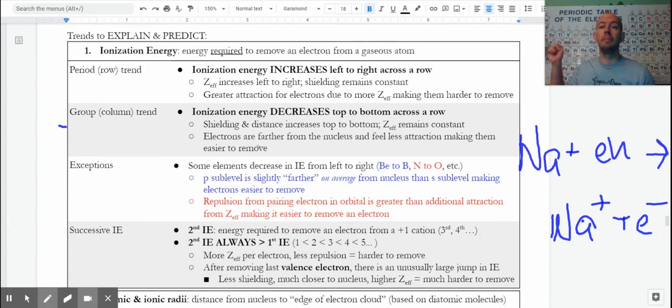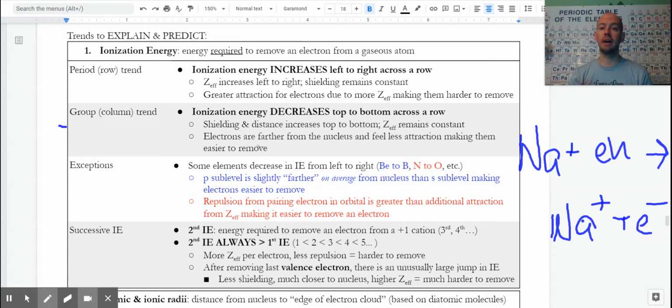As I go from like N to O, P to S, anything from column 15 to 16, and we would have some similarities in the Ds or Fs as well, we get to that place where we are pairing an electron. So we looked at this and drew this before, but nitrogen has one electron in each of its P sublevels, whereas oxygen pairs in that first.